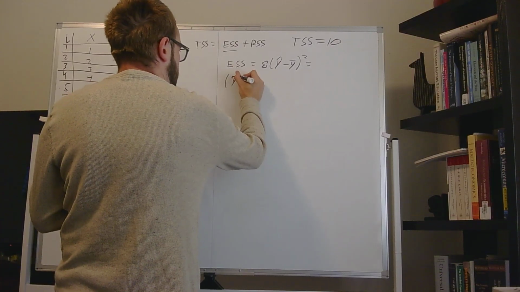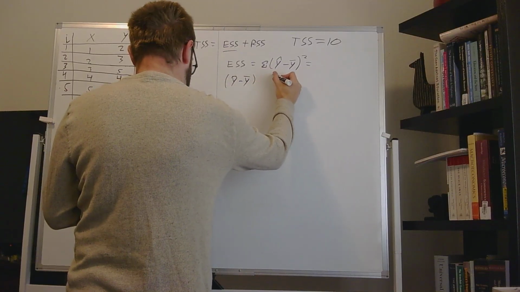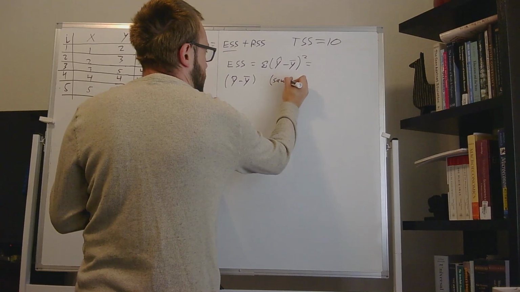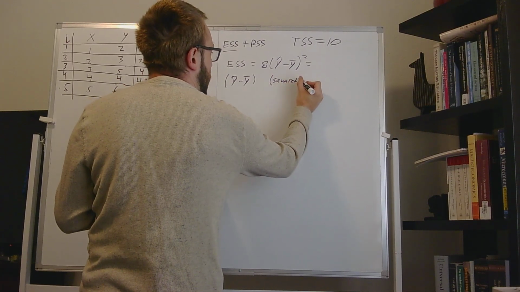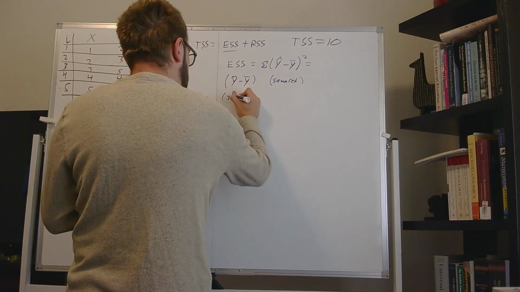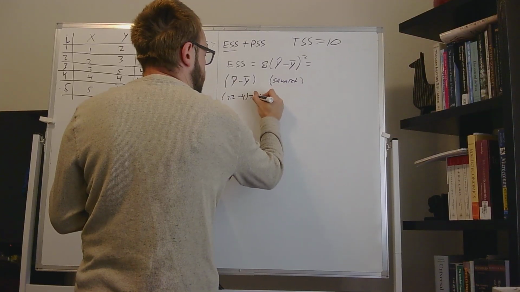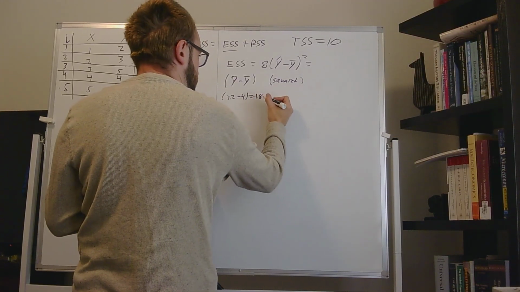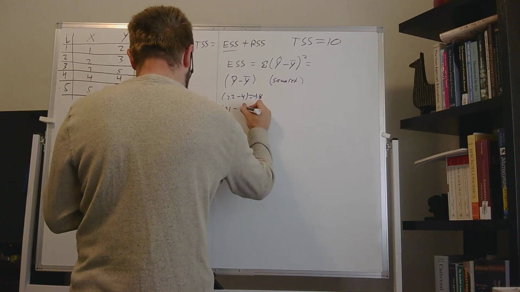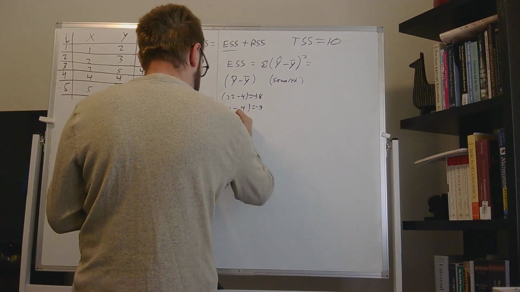This is y hat minus y bar, and then this is that same thing squared. We'll start with these. We've got 2.2 minus 4 equals negative 1.8. Then we have 3.1 minus 4 equals negative 0.9.